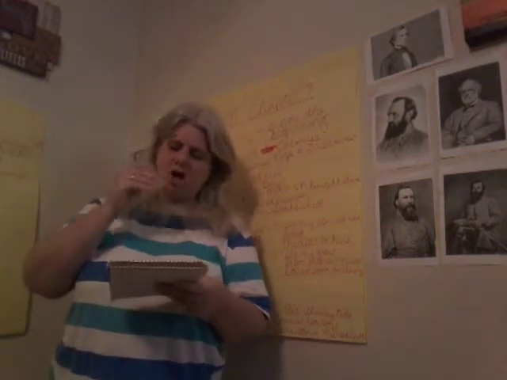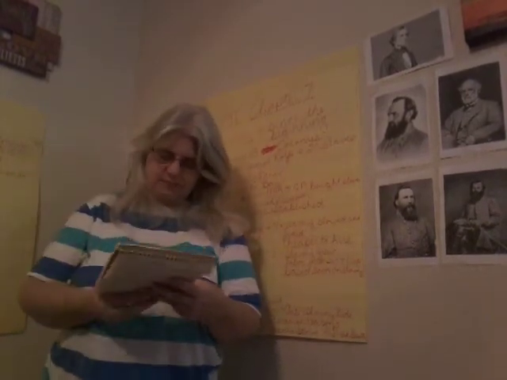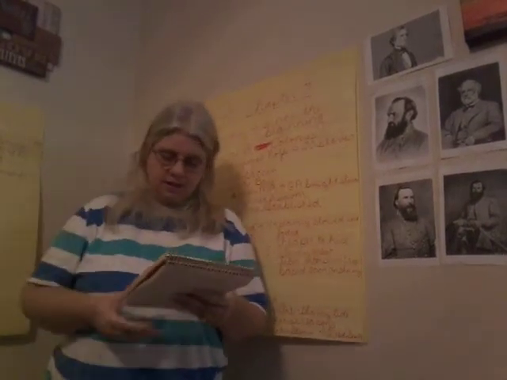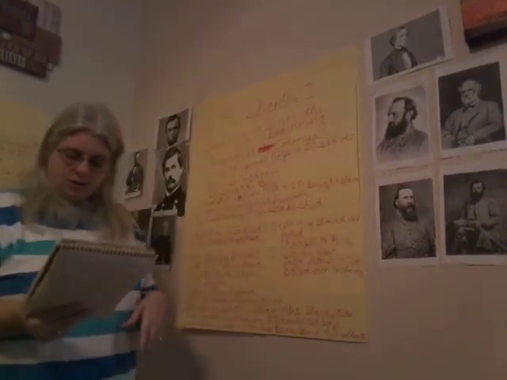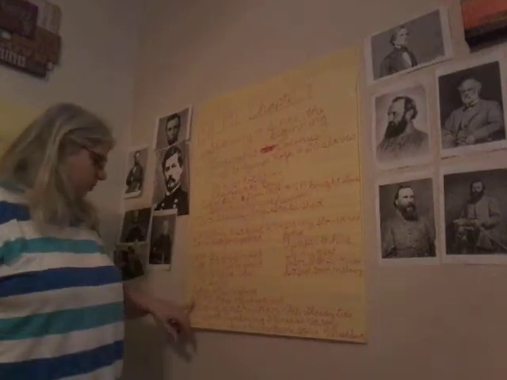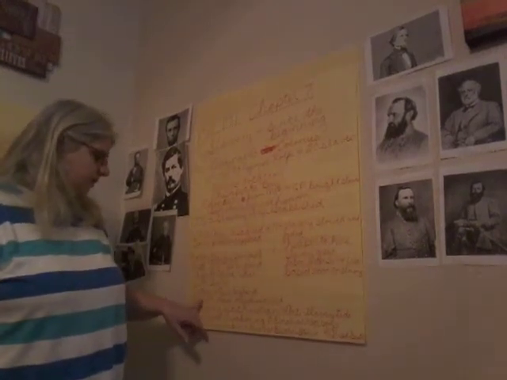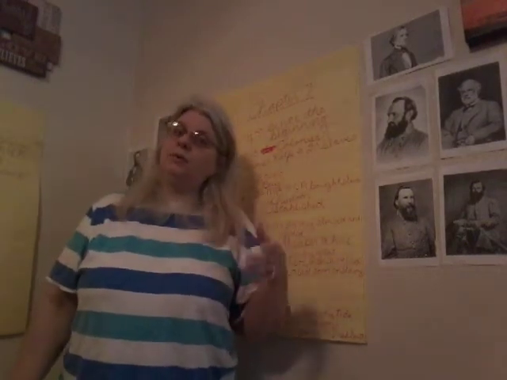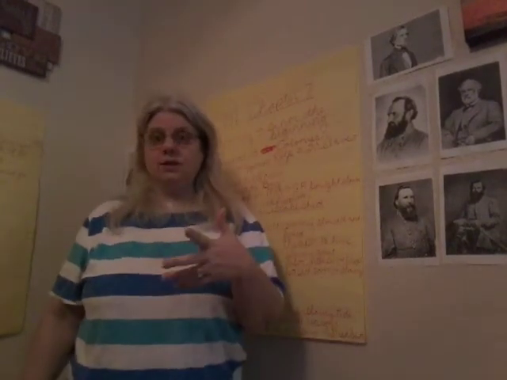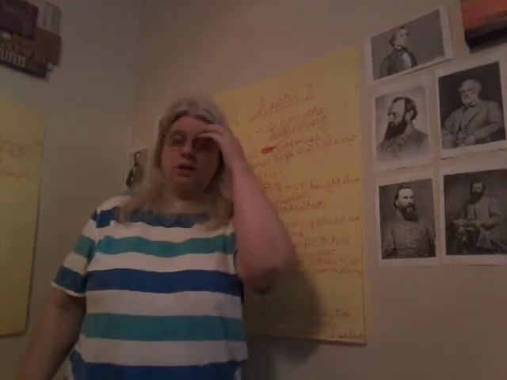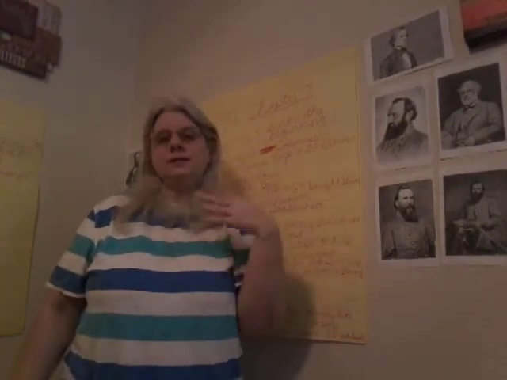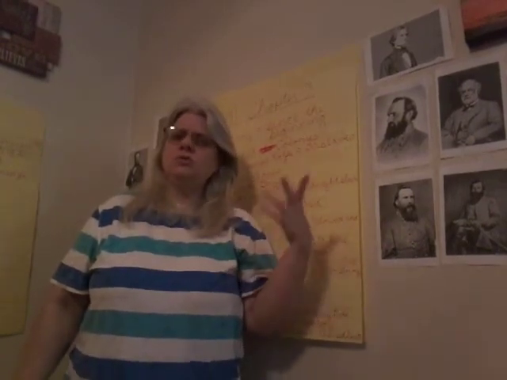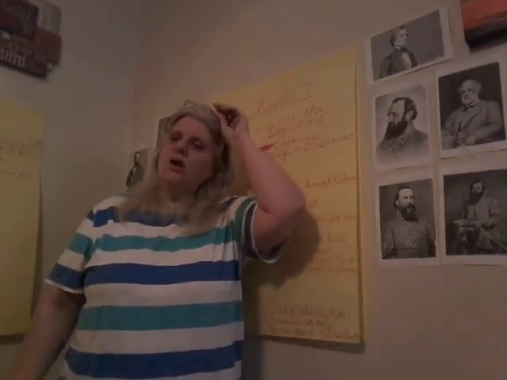All right, so the cotton, which was farmed and harvested by slaves, would be sent on ships to New York City. Okay, and New York City would then process it, and they would either keep it or they could sell it to England because England really needed cotton. England doesn't really have a lot of land for farming, and so they used the colonies here for a lot of that.